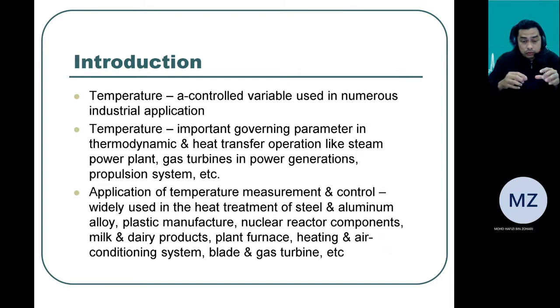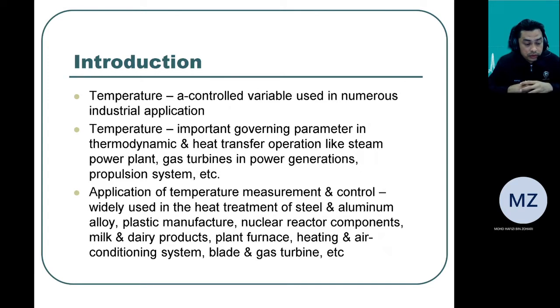As we mentioned in the previous topic, a parameter is a combination of a few variables, and for some applications, in a parameter there is a variable, temperature, that is very important for that parameter.